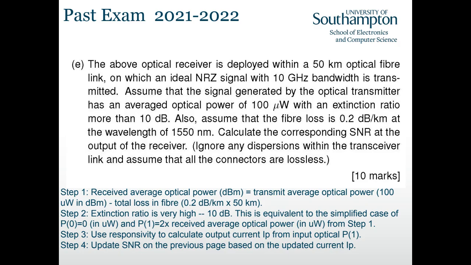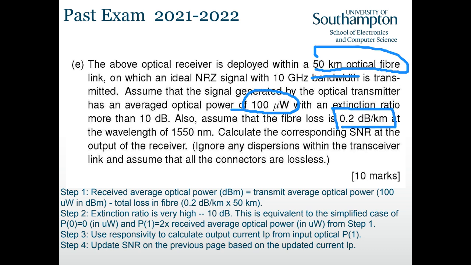Next question. The above optical receiver is deployed within a 40 kilometer optical fiber, and you have a transmit average power of this much. And then the distance of the fiber, you have the loss.